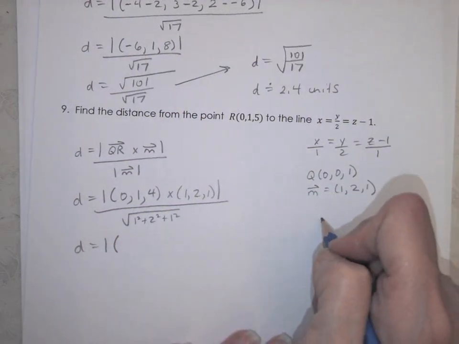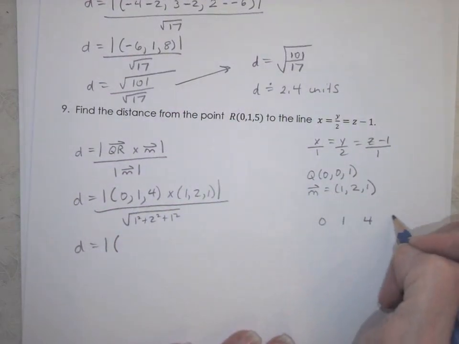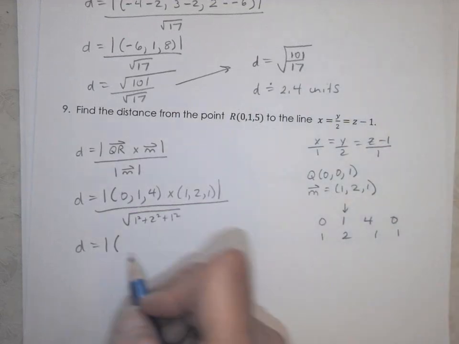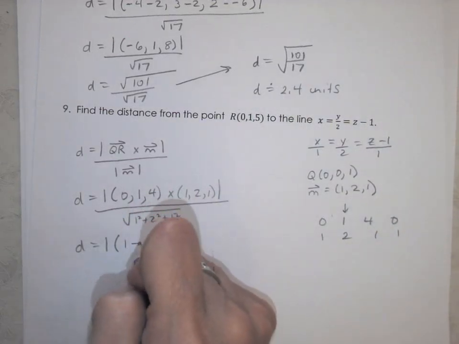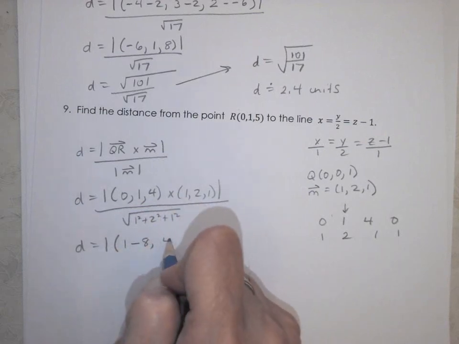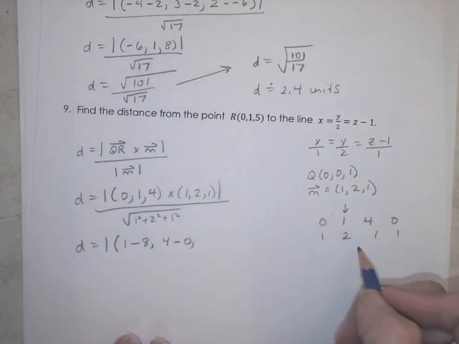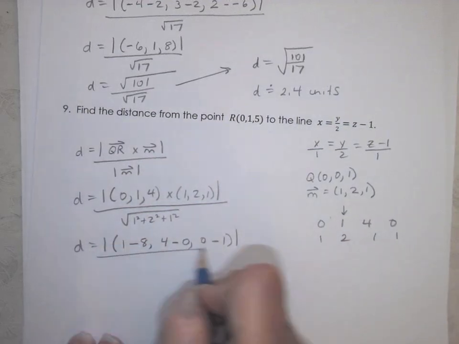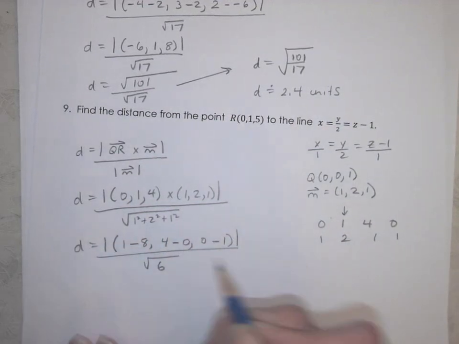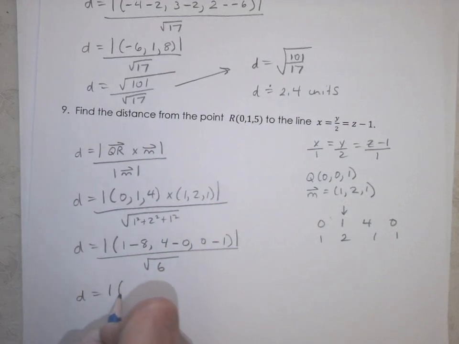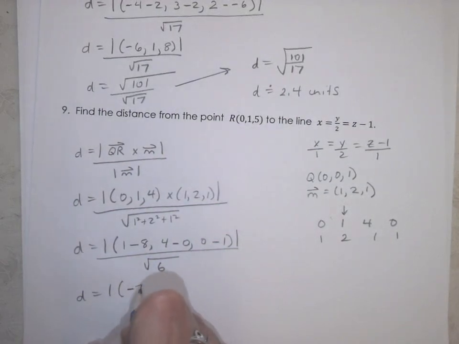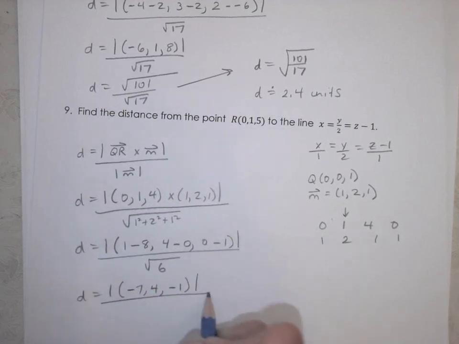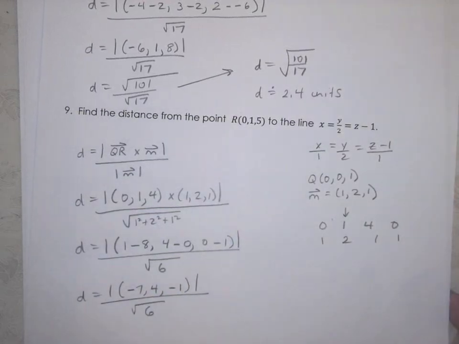Now I'm going to do my cross product. So that's going to give me the components 1 minus 8, 4 minus 0, 0 minus 1 over the square root of 6. So it's going to give me the vector (-7, 4, -1), magnitude of that vector over the square root of 6.